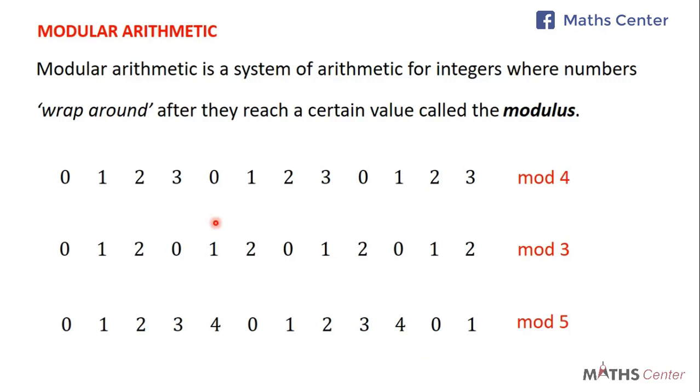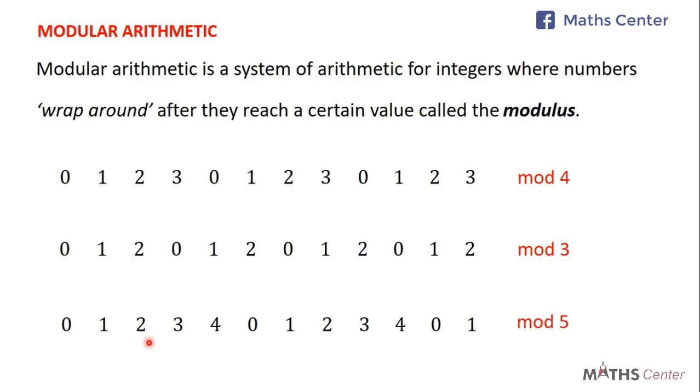Let's consider another thing. If you look at these numbers very carefully, we can see that in mode 4, the set of numbers used are 0, 1, 2, 3. In mode 3, the set of numbers used are 0, 1, 2.